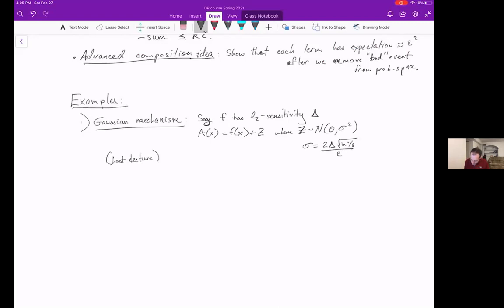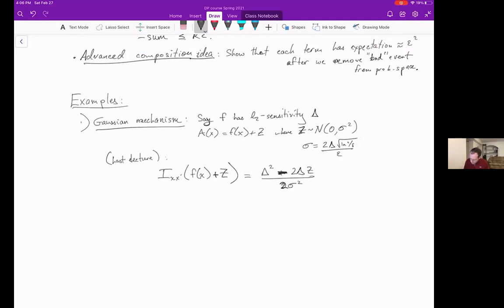It wasn't stated exactly this way, but it's pretty much exactly this: the information loss random variable at output y, so at output f of x plus z, which is what we get when we run the algorithm on input x, is delta squared over 2 sigma squared plus or minus delta z over sigma squared.